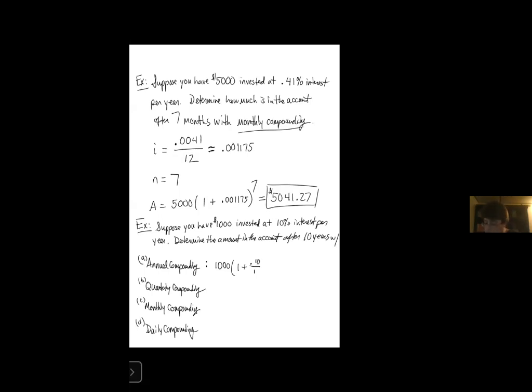Maybe I'll say 0.10. And we raise this to what? To the number of times it compounds per year times the number of years. Everything here is in years. So we would have 1 times 10. And this is approximately equal to $25.93 and 74 cents.